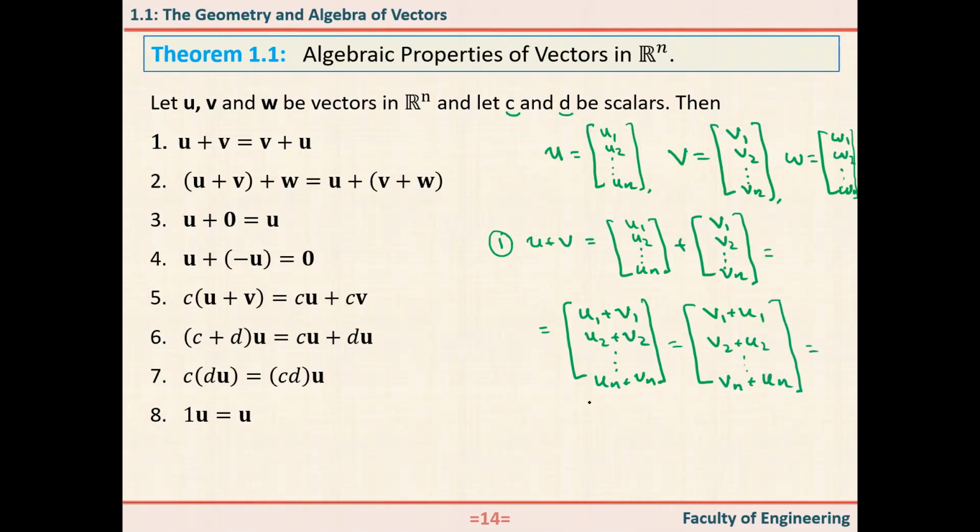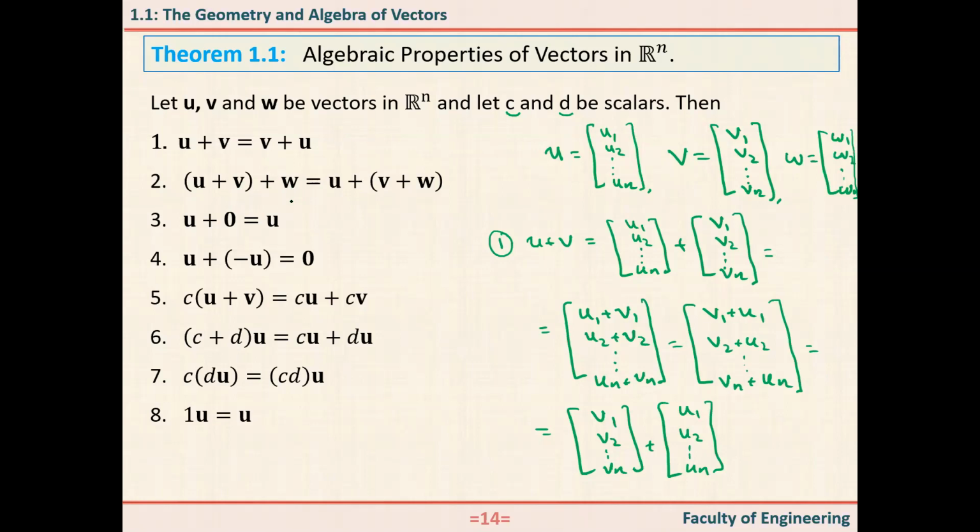And again, using the definition, we can write it as v1, v2, up to vn, plus u1, u2, un. Very easy. Students don't understand what they have to do, that's why they feel linear algebra is a very easy course. And in a similar way, you can prove this.